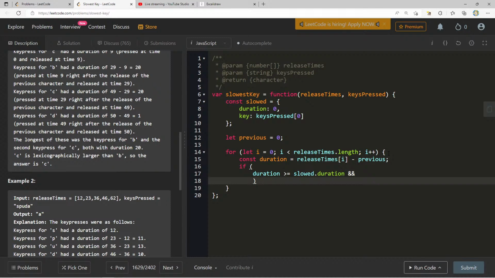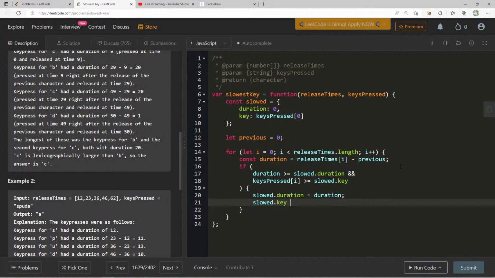If duration is greater than slowest duration and keys pressed of i is greater than or equal to slowest dot key, we'll say slowest dot duration equals duration, and slowest dot key equals keys pressed of i.